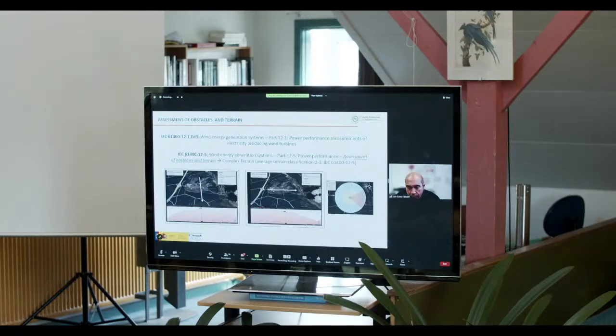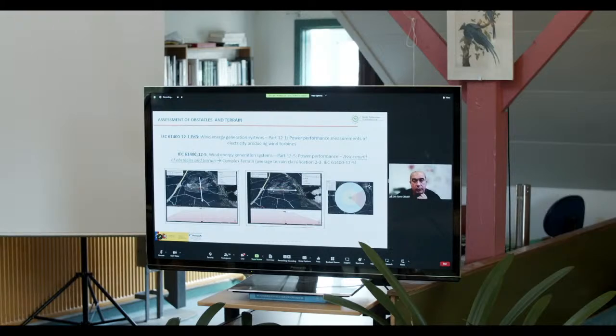Well, first of all, we have made an assessment of obstacles and the terrain in accordance with the new IEC standards, the IEC 61400-12-1, that is called now assessment of obstacles and terrain.